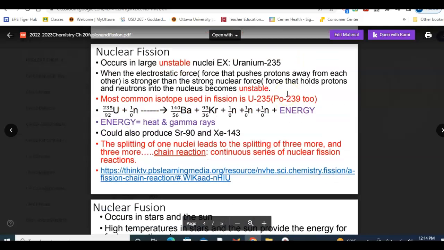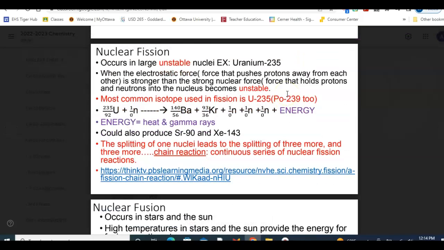So let's look at nuclear fission a little bit better. It occurs in really large nuclei. Uranium-235 is probably the most popular fissionable isotope.